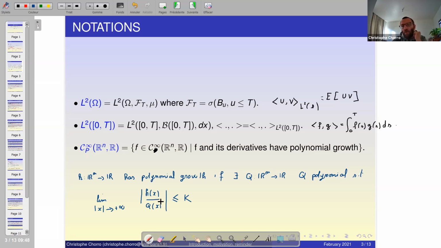So I can go to plus infinity, but at a speed that is controlled by a polynomial. You can say that the absolute value of h of x is less than k times q of x for x big enough in the sense of the norm. So I can control my mapping by a polynomial.